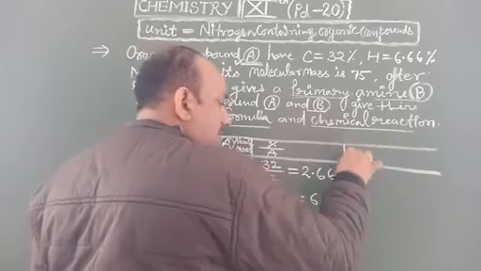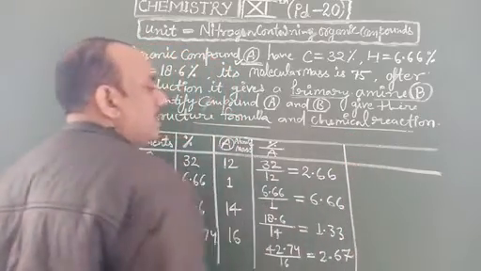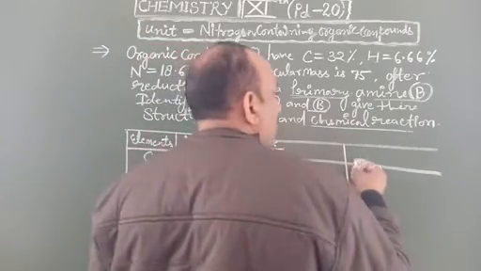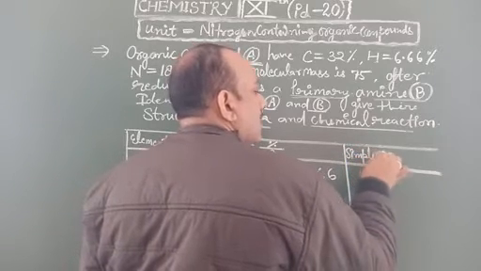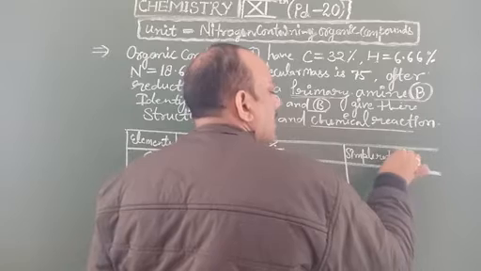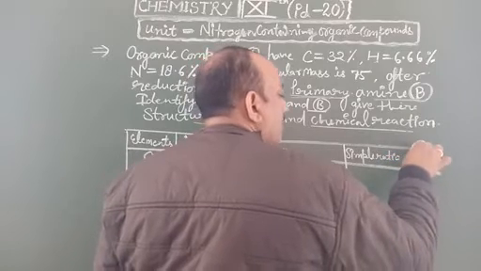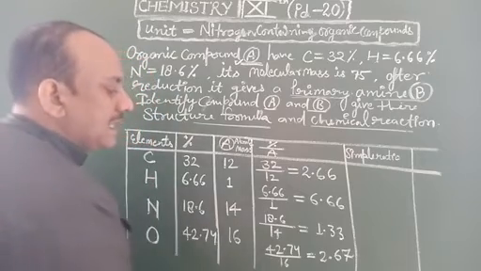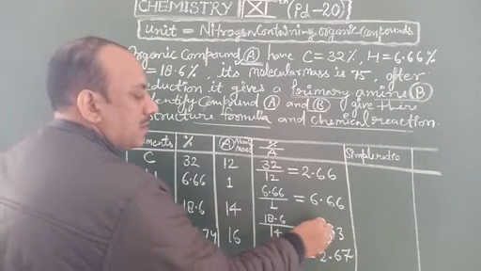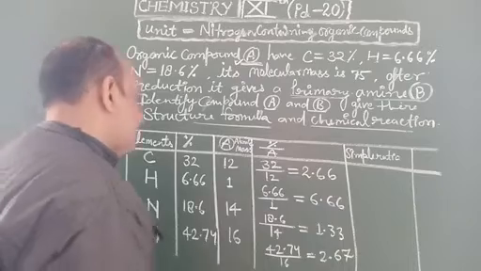According to these values, we find the simple ratio. For finding the simple ratio, we take the smallest value and divide the other numbers by it.